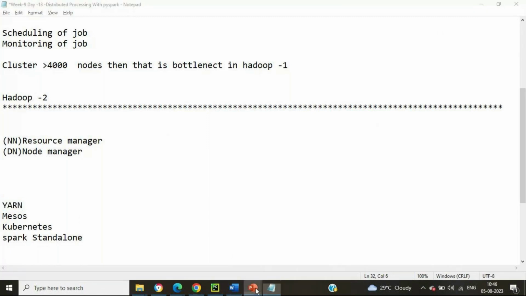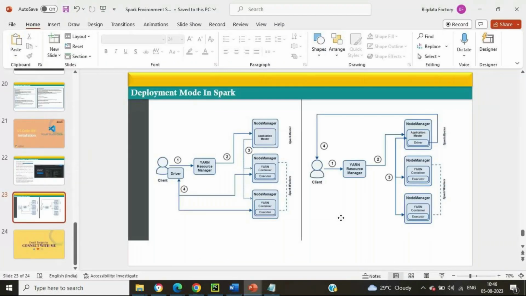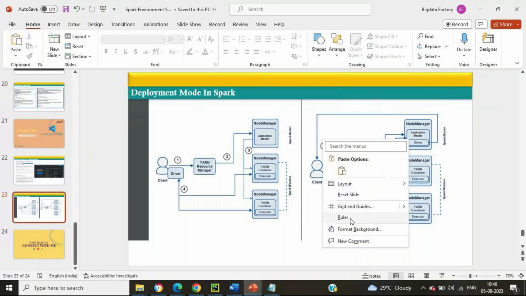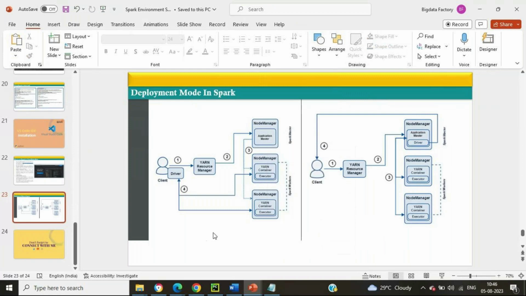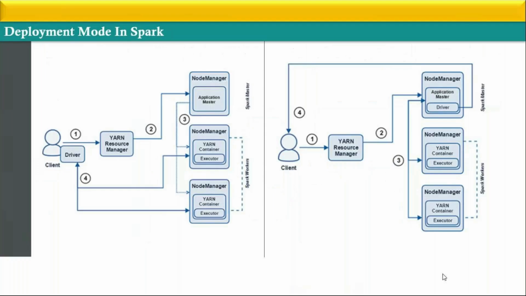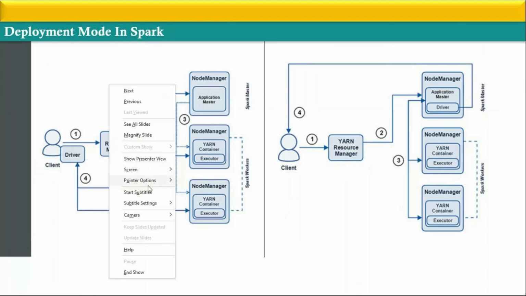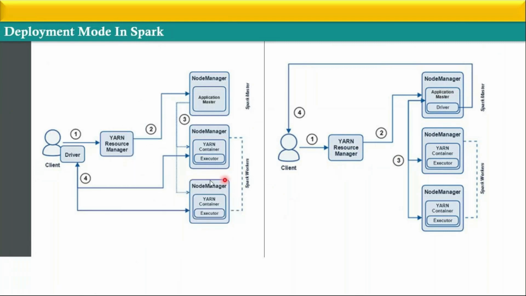So just have a look at this diagram. What we are able to see here is that we have YARN as a resource manager, in both cases, either client mode or cluster mode. In both cases, we have YARN as the cluster manager.